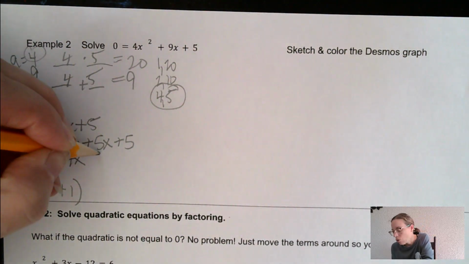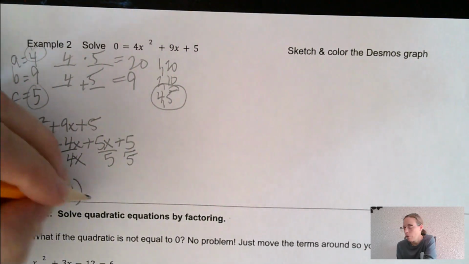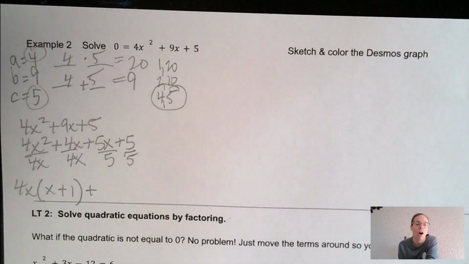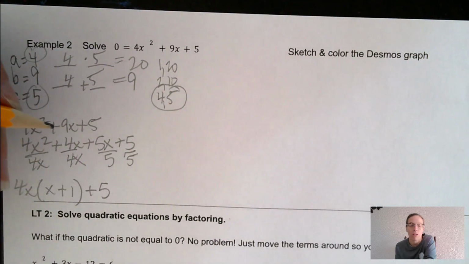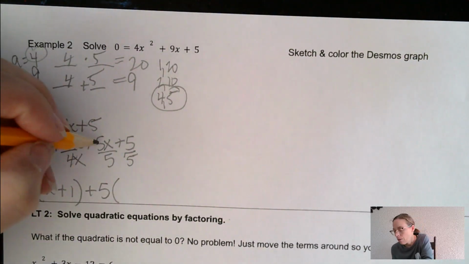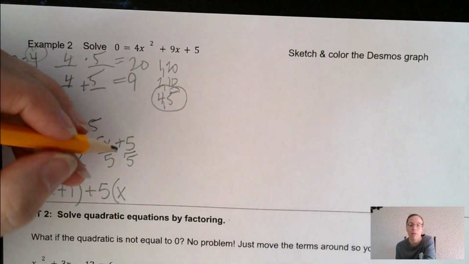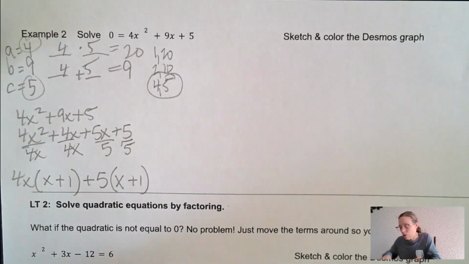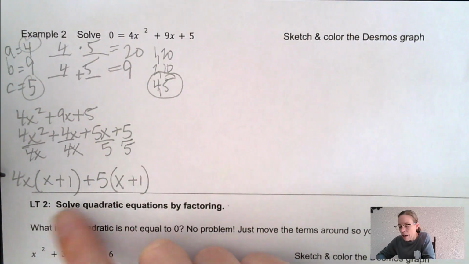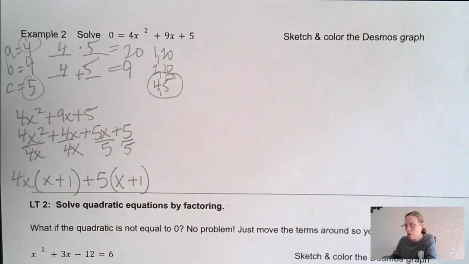I can divide each of them by 5, put a plus after our x plus 1, and we're going to factor out a 5, so plus 5 times 5x divided by 5 is x, and 5 divided by 5 is 1. And then we're going to put what we factored out, the 4x plus 5, together, and then the x plus 1 is our second factor.